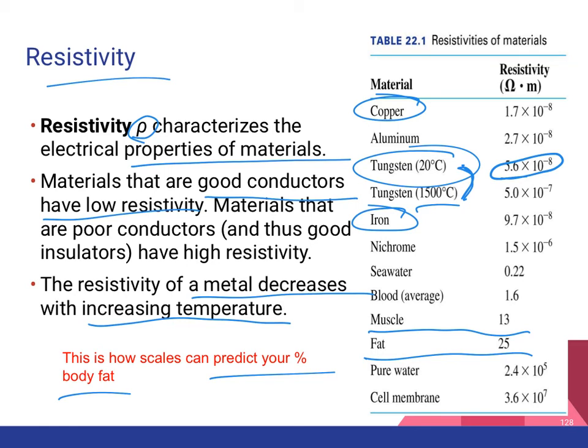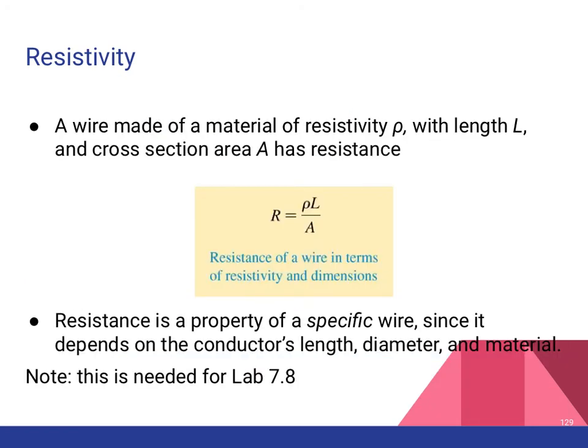But it sends electrical impulses through your body and it measures the resistivity. And it knows that this high resistivity is fat and this low resistivity is muscle. And it says, well, you're somewhere in between because nobody is 100% fat. But it can determine your percentage body fat by this concept of resistivity. So it's kind of a cool little concept.